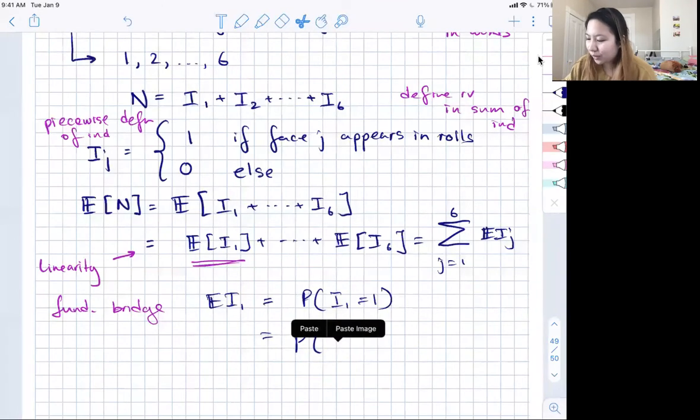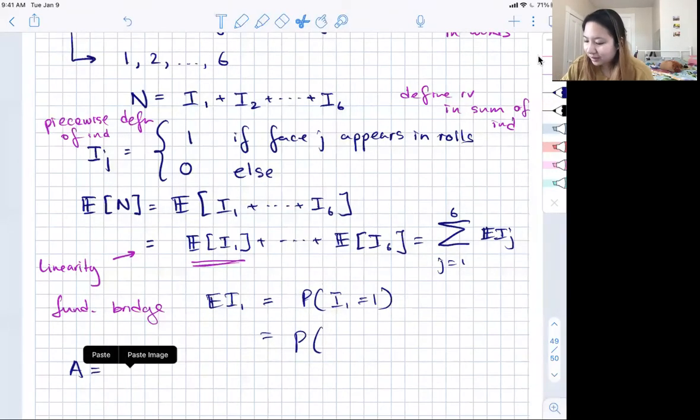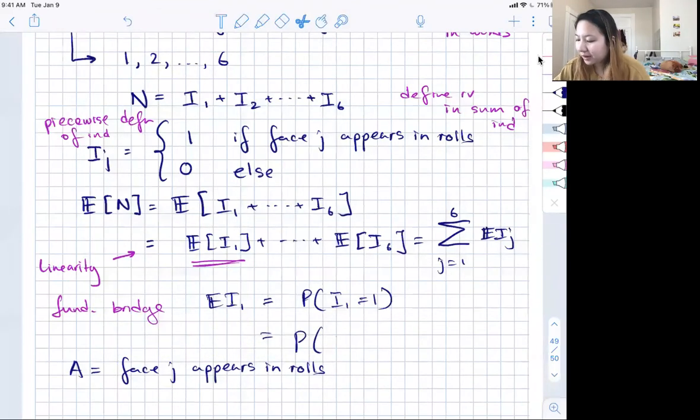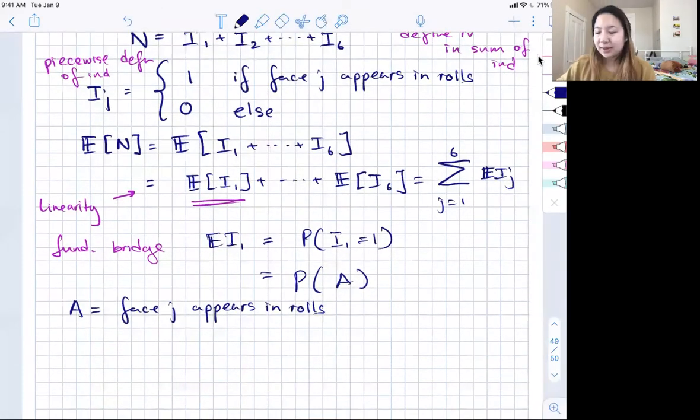I guess to be more technical, I want to probably define an event A, and then that event A is going to be this. And this is the probability of A. You generally want to avoid having just words in your probabilities because that gets disgusting notationally, especially if you're applying Bayes' rule.